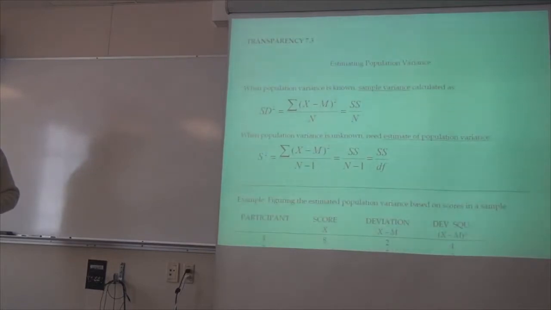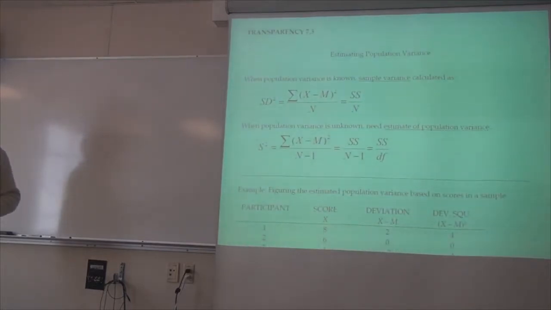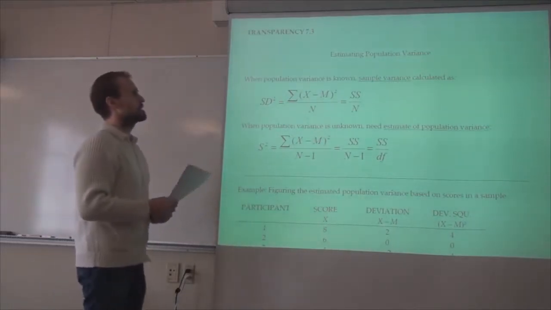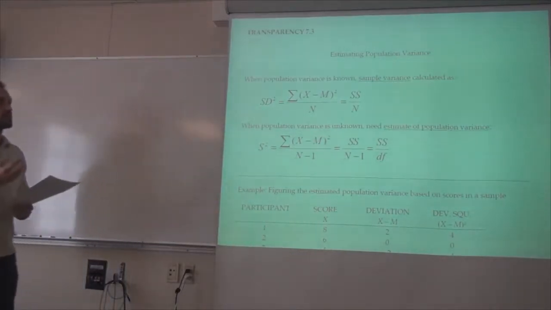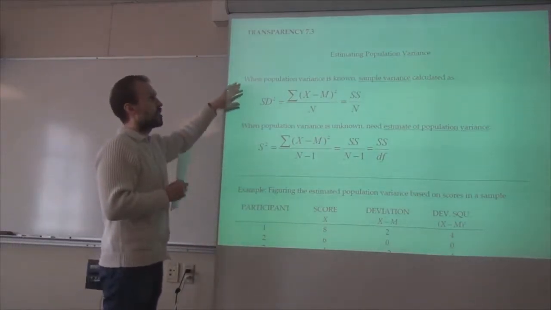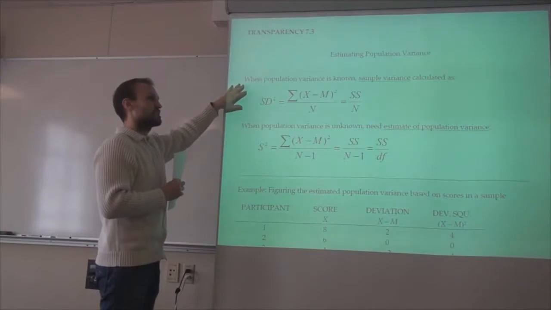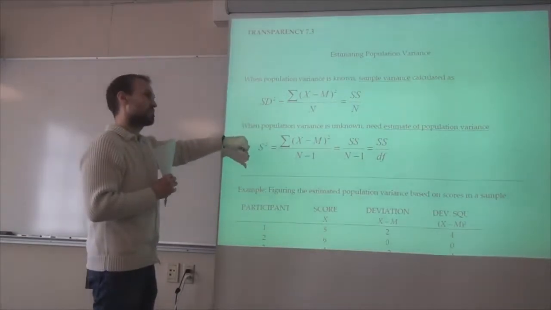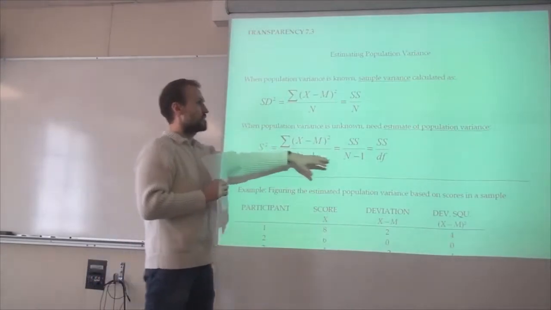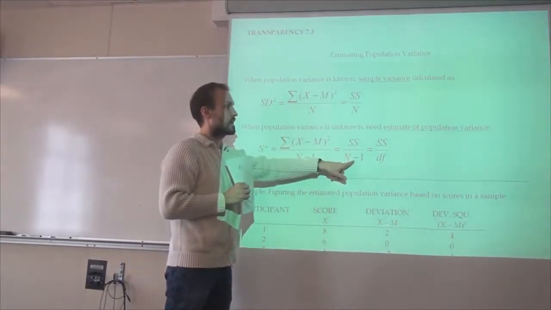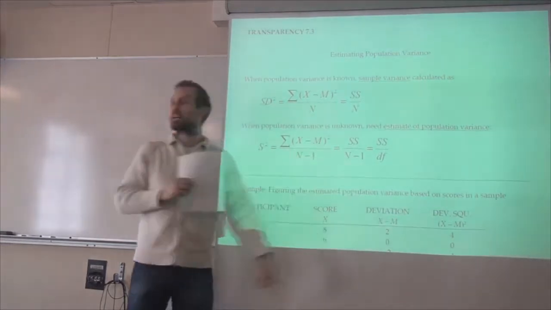But when I estimate the variance, I have to make a little adjustment when I'm basing it just on a sample. If I know the whole population, that's what we did previously. But it can be shown with a little bit of math, actually a fair amount of math, that I need to divide by the sample size minus 1.